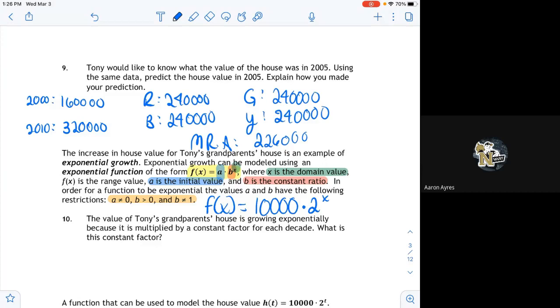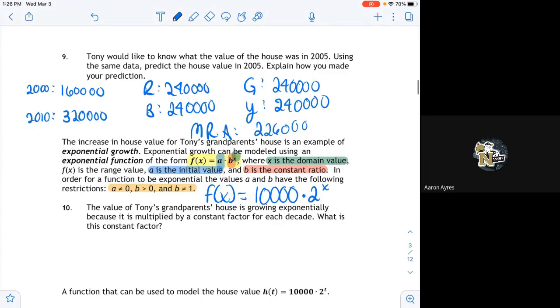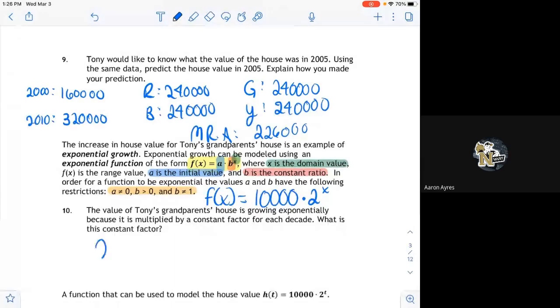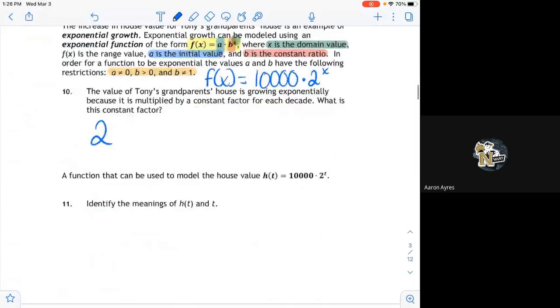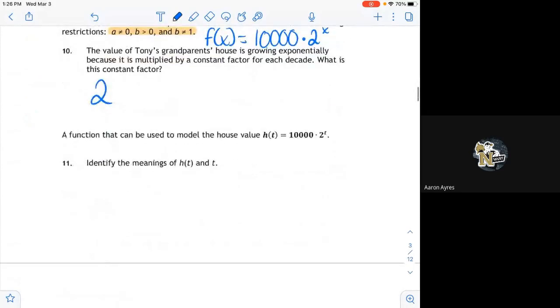So I give you that value in number 11, or above number 11. So number 10, I'll put constant factor of 2 again there. Then look at number 11. We talked about this just a little bit ago. H of t would be what?